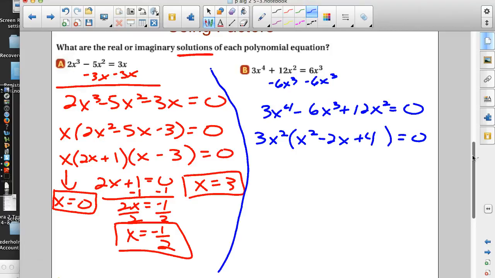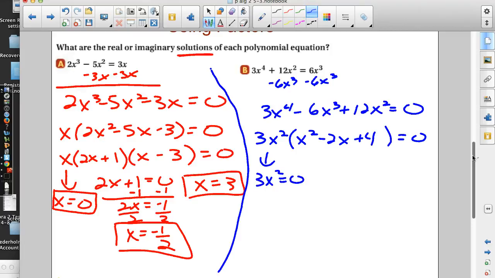Would that be a perfect square trinomial? Is it? Two numbers that multiply to 4 and add to -2. It's not that bad. All right, well, let's do the easy one first.